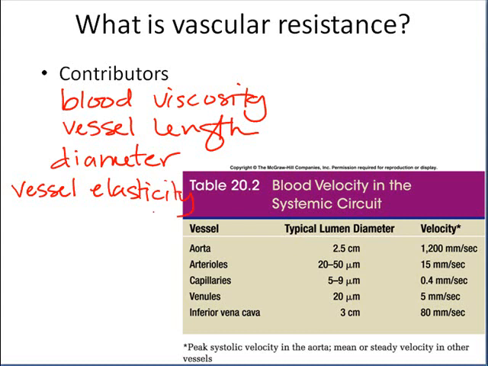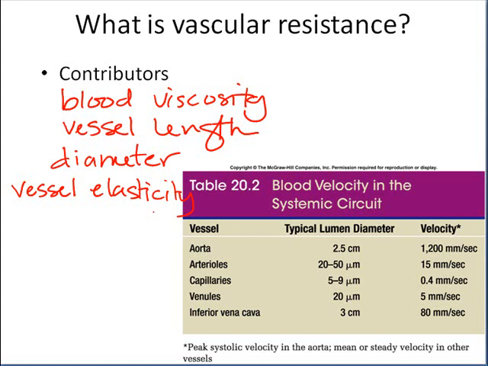So, for example, when we're young and healthy, the aorta is very elastic. It can expand and recoil in time with the systolic and diastolic behavior of the heart. And that's great because if it can expand when pressure is high, then I'm not experiencing as much pressure, because I've temporarily increased my diameter, right?